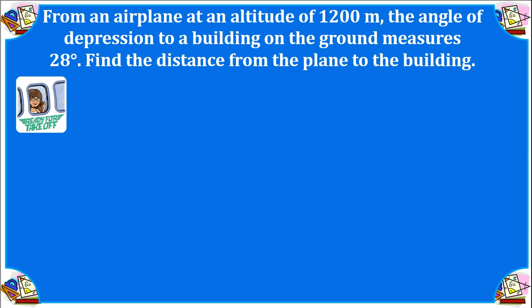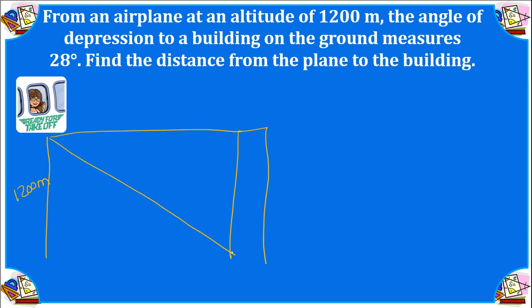So if this is the airplane and the altitude is 1,200 meters, and then we have some building over here, the angle of depression is this angle outside of our right triangle. It measures 28 degrees. We want to know how far the plane is to the building, this distance right here.